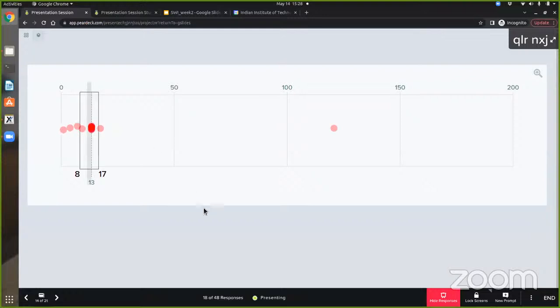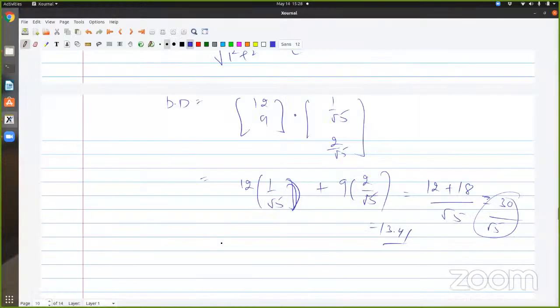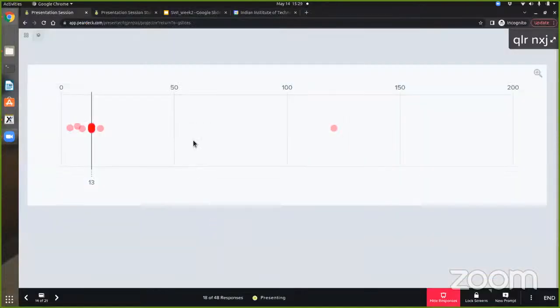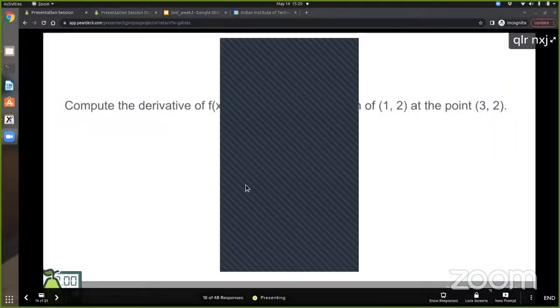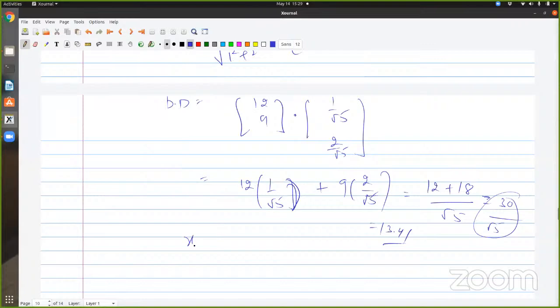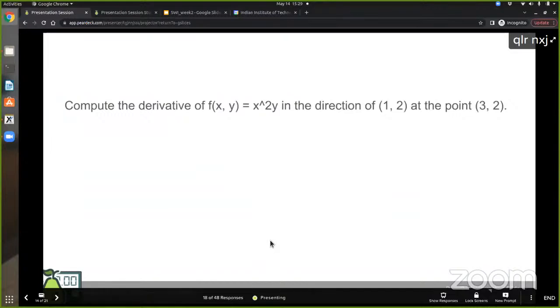Ma'am, how do we differentiate between x power 2y and x square y? I thought it was x power 2y. If it had been x to the power 2y, there should have been a bracket actually. It should have been written this way.